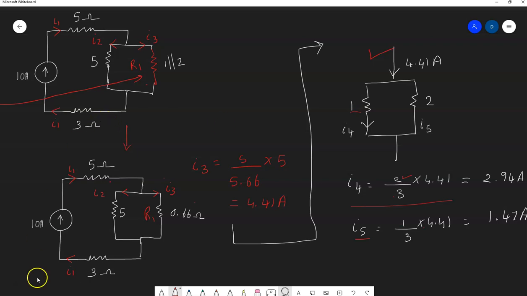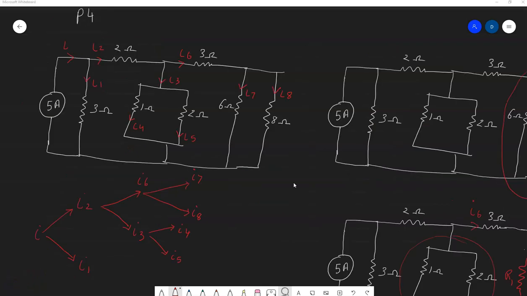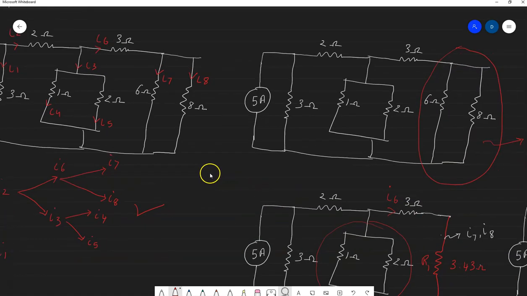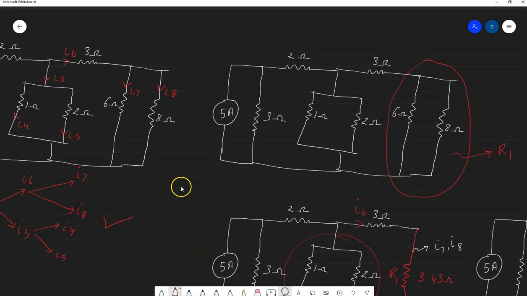So again, I've got one more problem for you. Again, the concept remains the same. You first have to understand how the current gets divided, which I have written here. And I'm not going to go through this step by step. It's the same steps again. You just have to identify the parallel circuit, then replace that with the equivalent resistor.